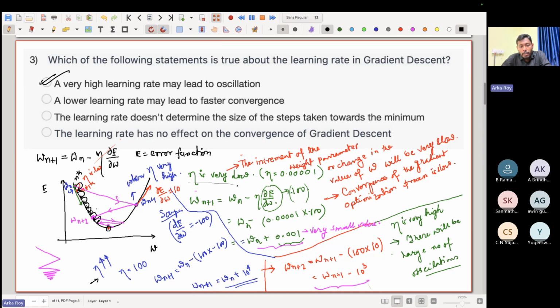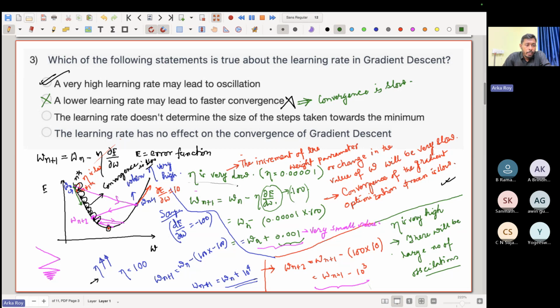So the convergence is slow, and we have already discussed this. So a lower learning rate may lead to faster convergence, that is false. Rather, the correct statement should be that the convergence is slow.